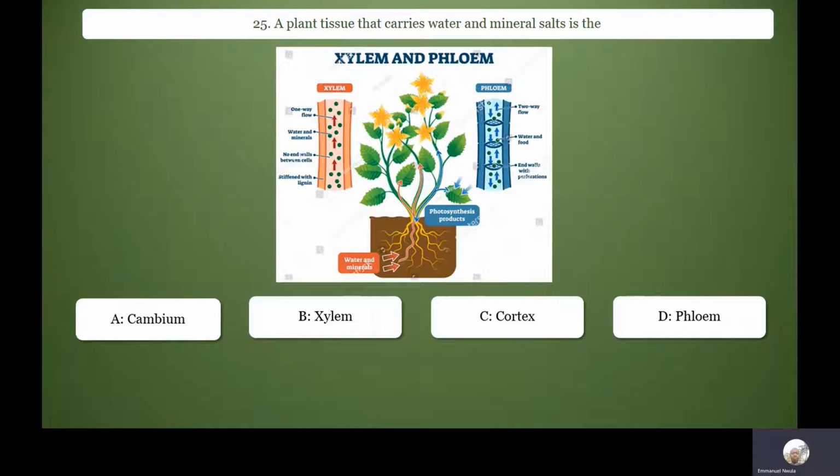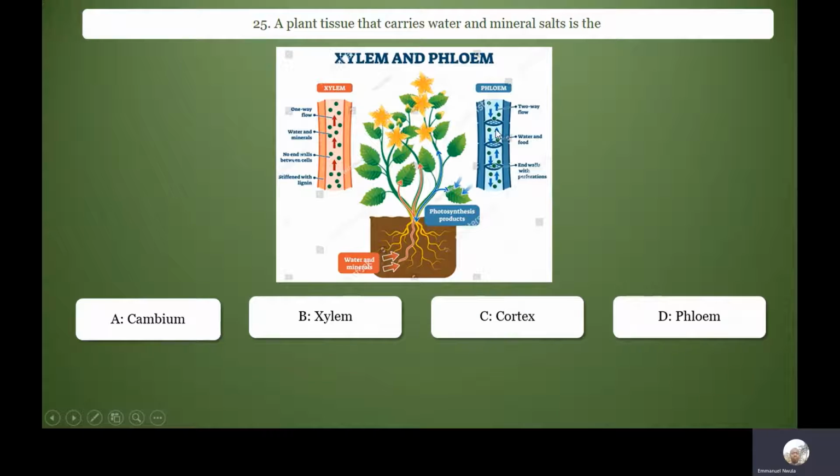A plant tissue that carries water and mineral salts is the xylem. The xylem transports water and mineral salts from the roots to the leaves of plants. That's the vessel that transports water and mineral salts.